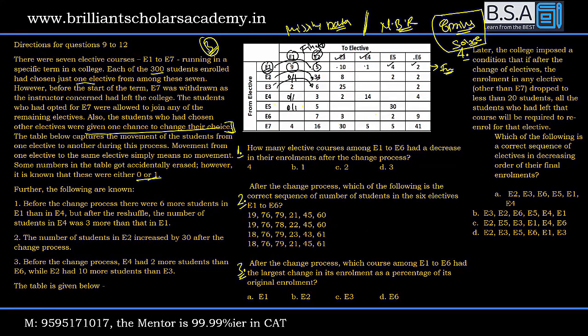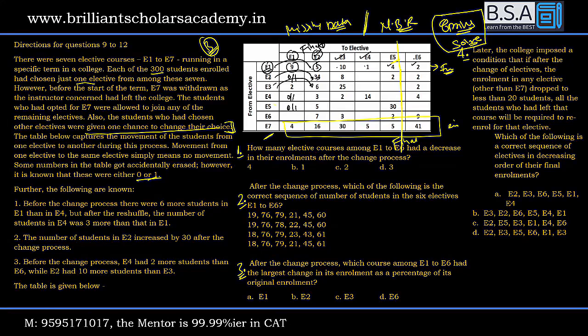Horizontal is if you add all these numbers, that is the initial number of people who are there in E7. If you add all these numbers vertically, that is the final number of people who are there in E5. At the end of all the reshuffling, how many people are there is the vertical addition. How many people were there is the horizontal addition.